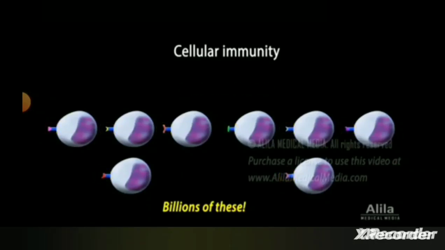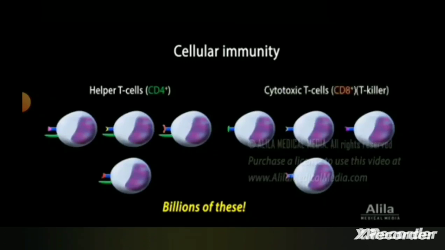Helper T cells have the receptor CD4, and the second population of T cells is cytotoxic T cells, having the receptor CD8. During maturation, T cells learn how to recognize self and non-self cells.